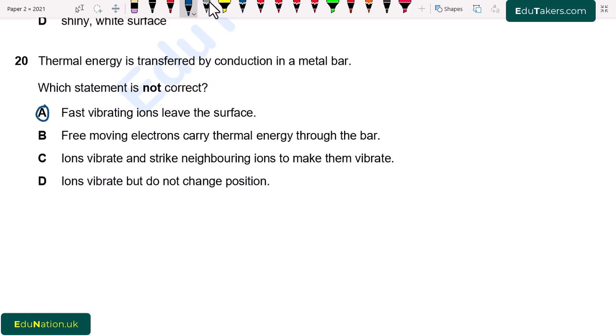So it is incorrect. We also see the other possibilities: free moving electrons carry thermal energy through the bar. It is correct. Ions vibrate and strike neighboring ions to make them vibrate. It is also correct. And ions vibrate but do not change their position. It is also a correct statement.